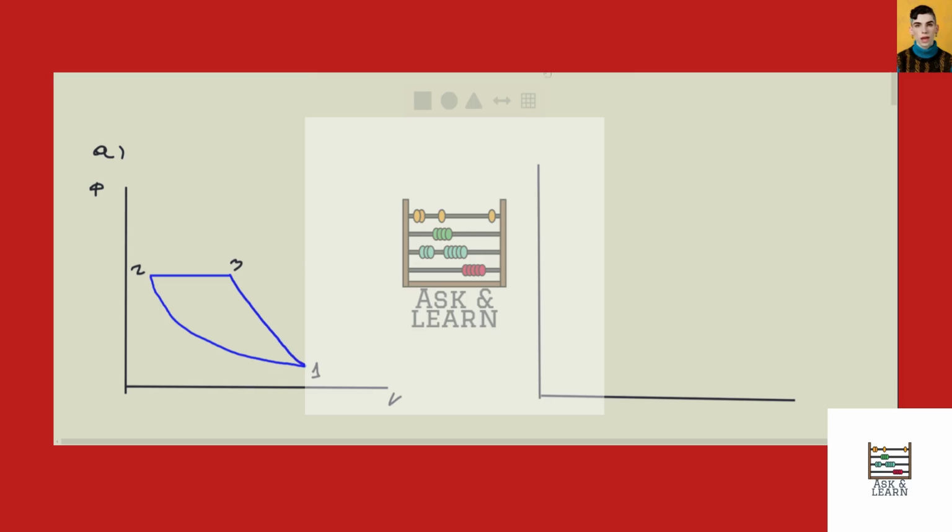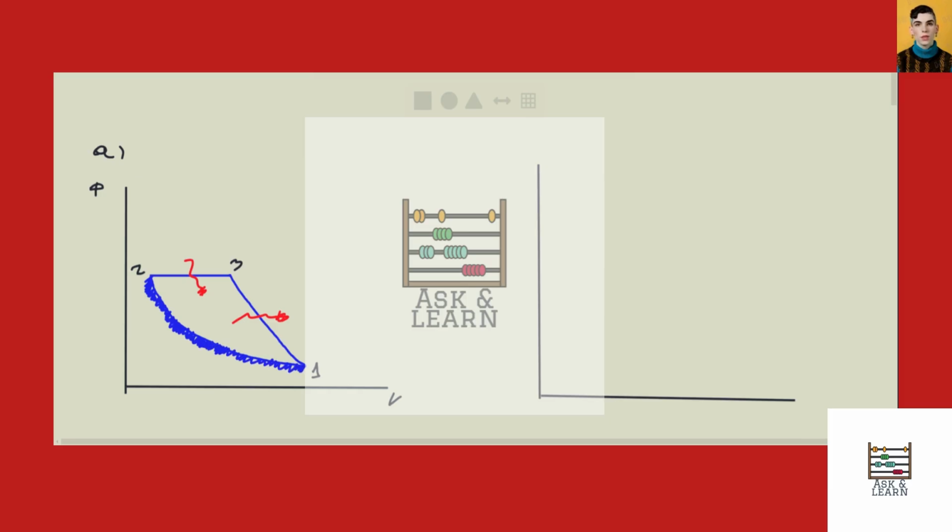Okay? And again, as we know, the heat enters the system in here and leaves the system in here because an isentropic does not exchange heat with the surroundings. Okay? So that's the definition of an isentropic process.